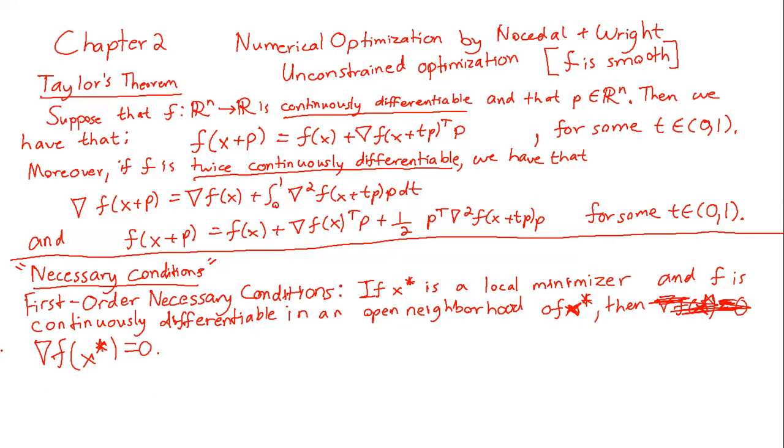Then we have the next thing, which is the second order necessary conditions. This is also what we went through last time.